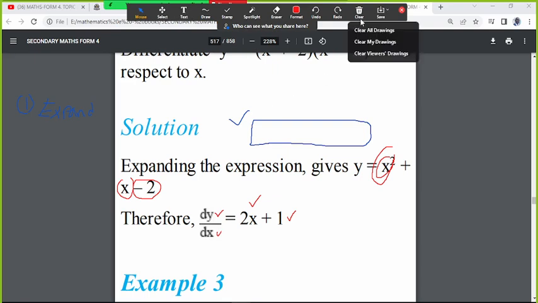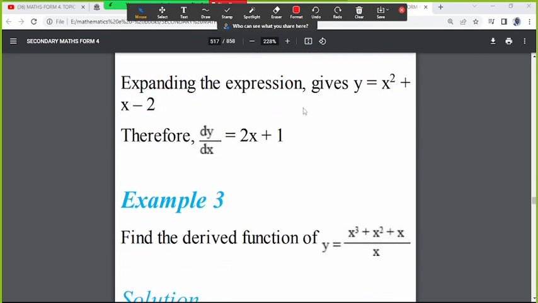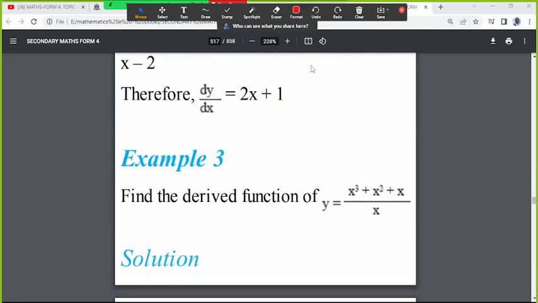Another expression is of this form, and this expression has a common denominator. It is not a polynomial because this is a single term.